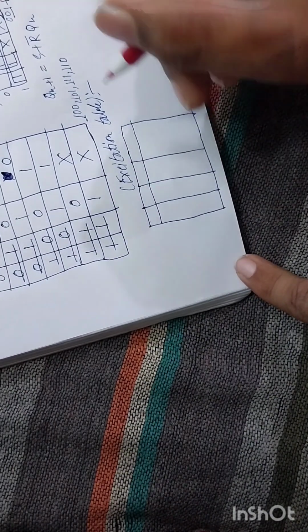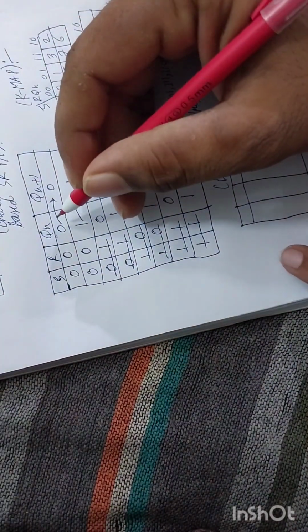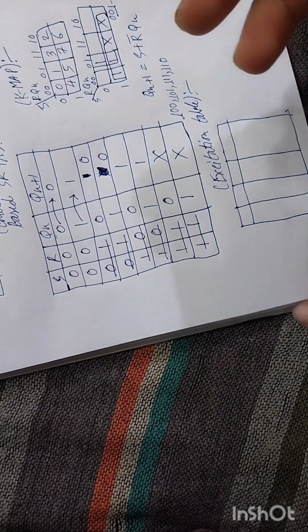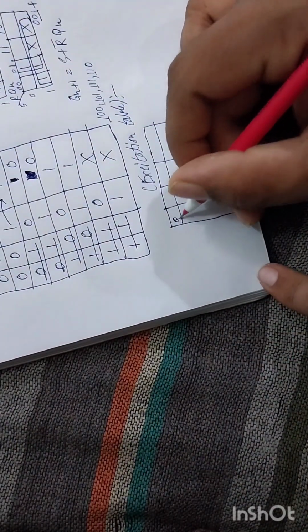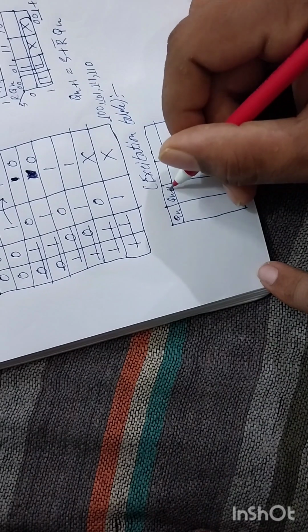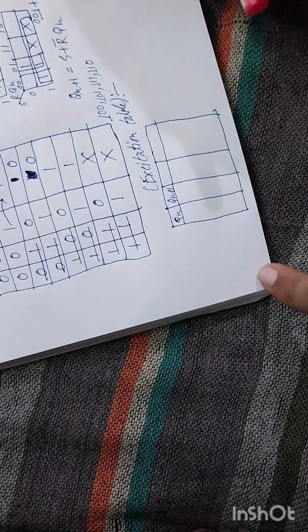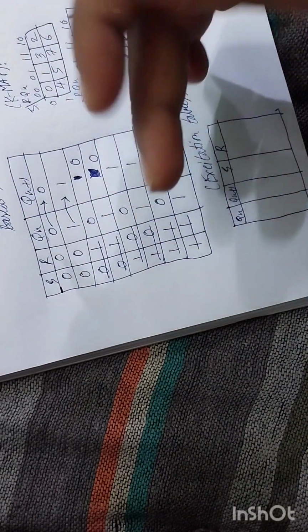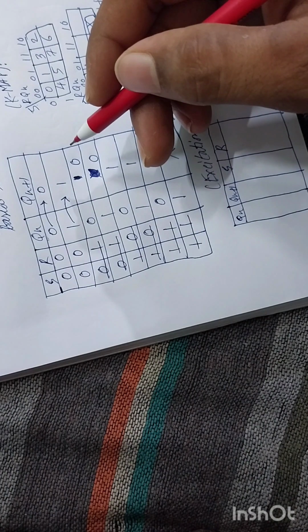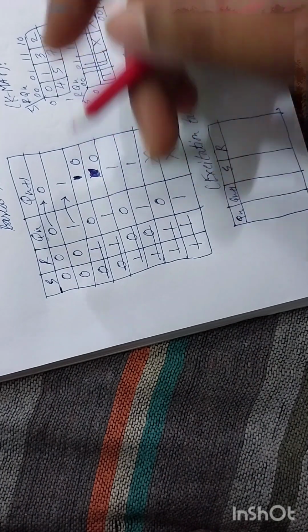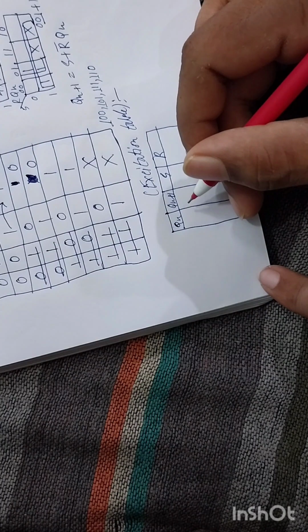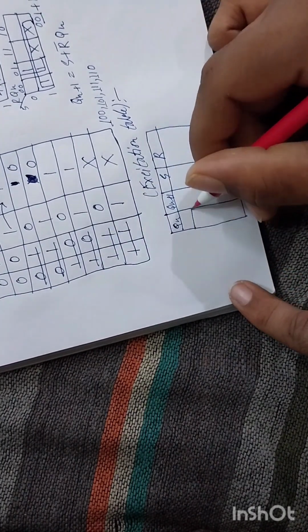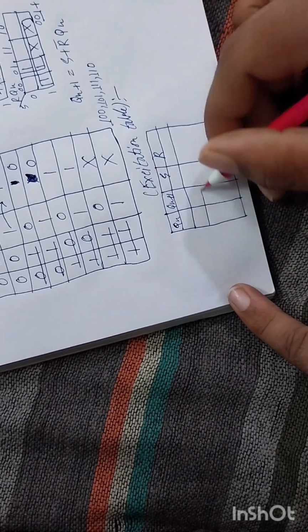The two inputs are the last two columns of the characteristics table, that is Qn and Qn plus 1, and the outputs will be nothing but S and R. So we are just shifting the output to the input and the input to the output. So Qn here and Qn plus 1 here, and S here and R here. So S and R are the outputs.